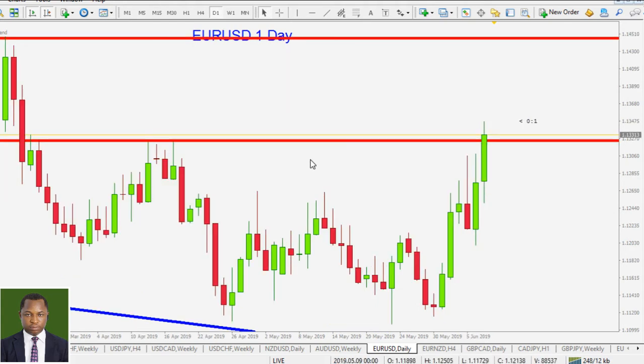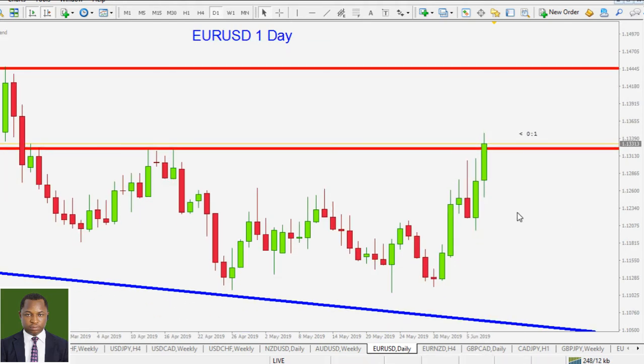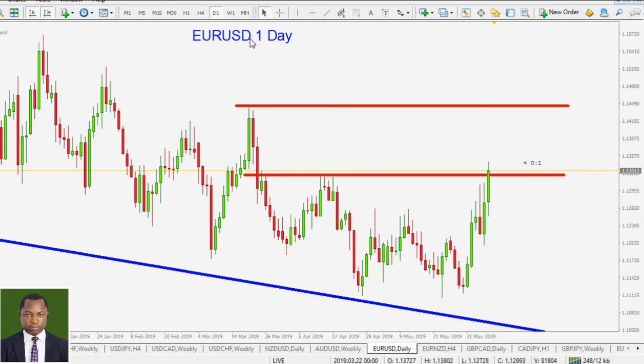Okay, price is sitting above that level of resistance, this one here. If we find any form of continuation moves, either a congestion candle here, or a pin bar, we are going to be looking for more pushes to the upside. So let's just keep watching as price sits high up there.